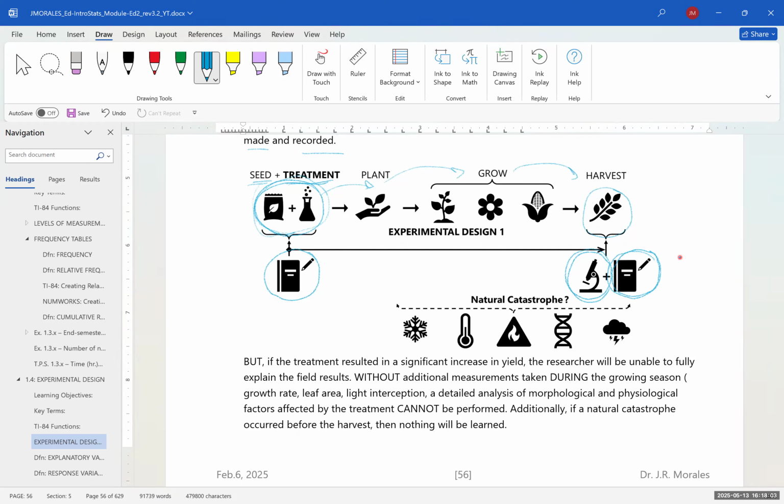But if the treatment resulted in a significant increase in the yield, the researcher will be unable to fully explain the field results without additional measurements taken during the growing season.